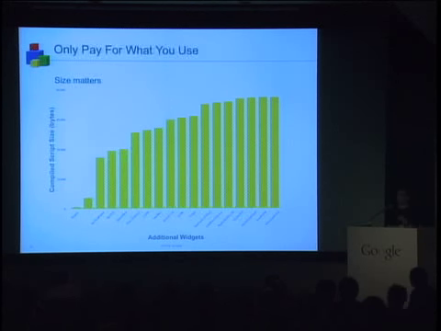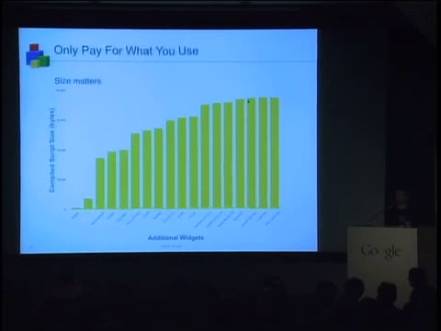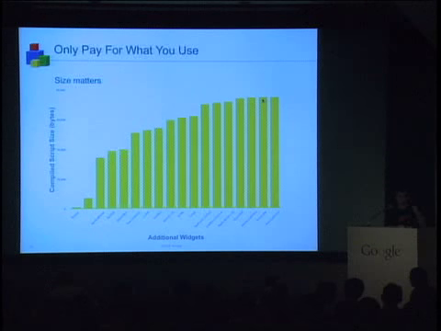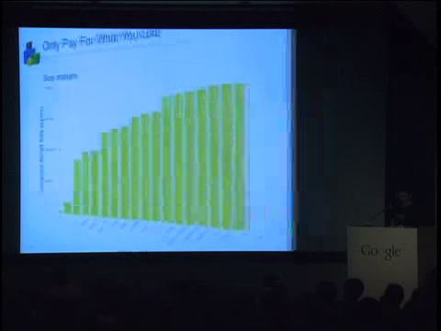So if you don't use a frame or a pop-up panel, then you don't download it. This chart shows the compiled script size in bytes, and we start off with an empty program and we add additional widgets, and the size gradually gets bigger, but as we add more widgets towards the end, not that much more additional cost, because a lot of the code is in common with the previous implementations. So we have a very smart compiler.